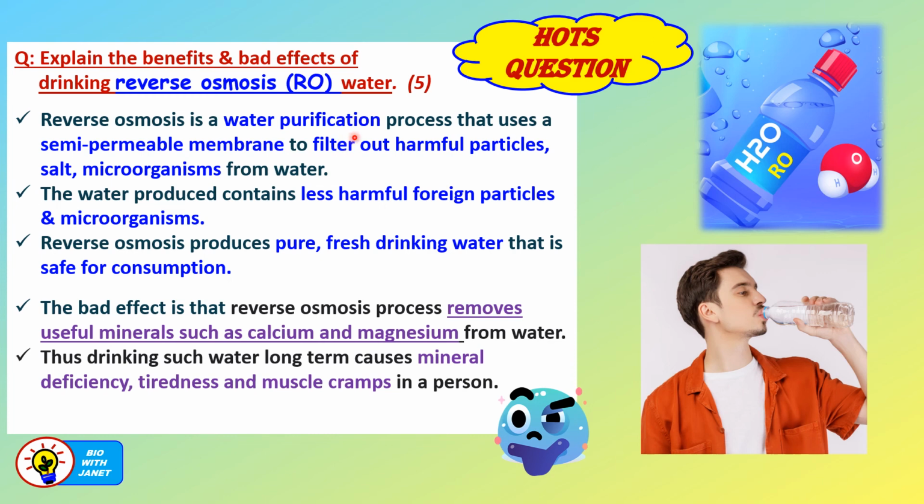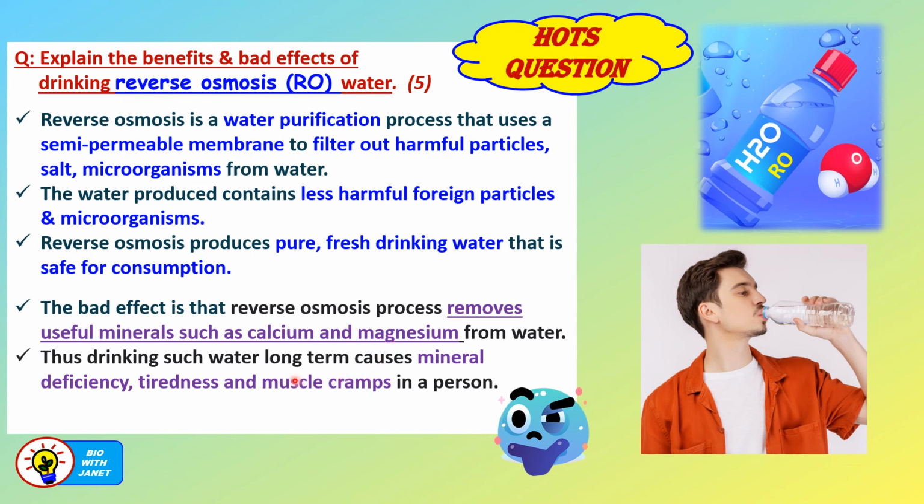But what is the bad effect of drinking RO water over a long period of time? Now the bad effect is that the reverse osmosis process also removes useful minerals like calcium and magnesium from water, because these minerals cannot pass through the selectively permeable membrane. All right.